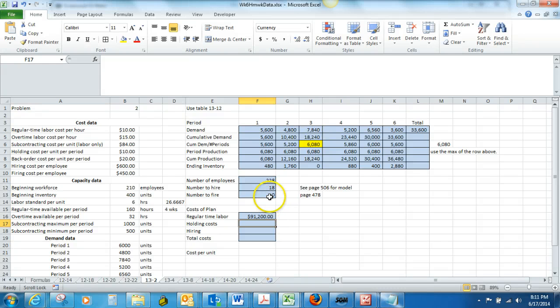And then the holding costs are going to be equal to however much we have to keep in inventory.